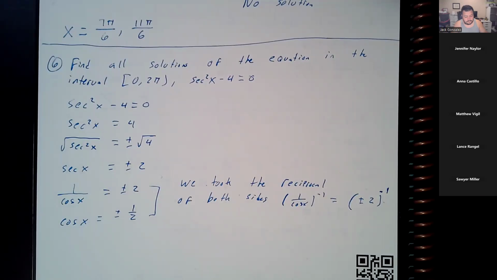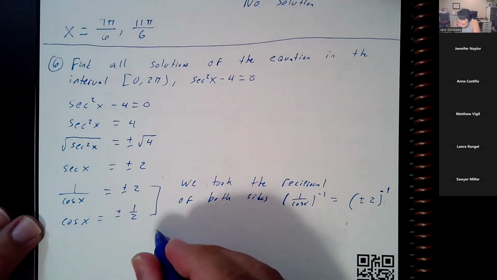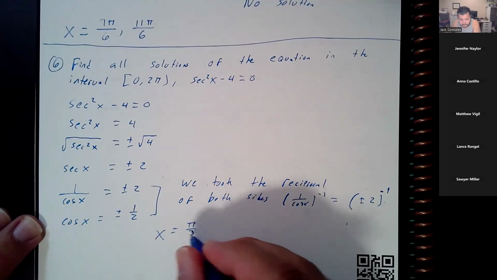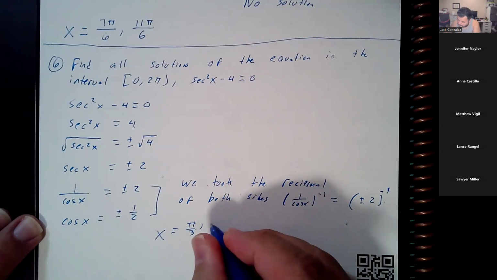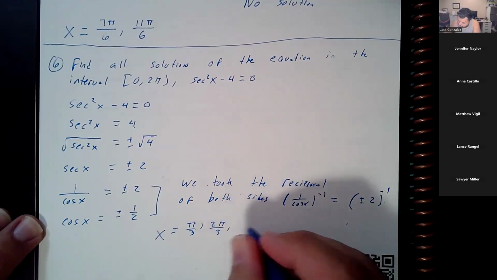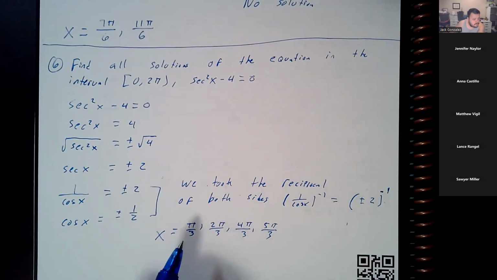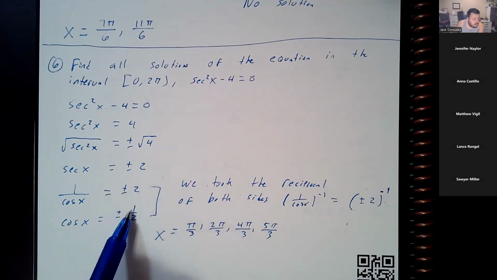So pi over 3, 2 pi over 3, 4 pi over 3, and 5 pi over 3. Yeah, a bunch of pi's over 3. It looks right. So anywhere we have a half or a negative half, this is where these answers came from.